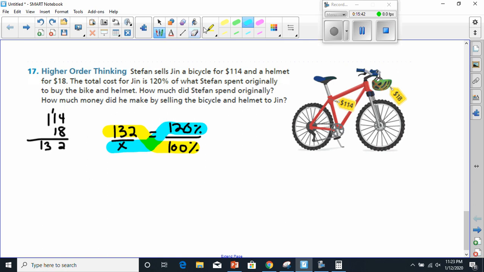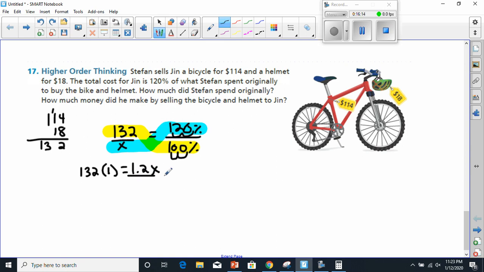If we do this, let's not forget to move those decimal spots over, because we're talking about percents over here. They're not asking us what the percent is this time; we need to find numbers. So this is really 132 times 1, which is going to be equal to 1.2x.